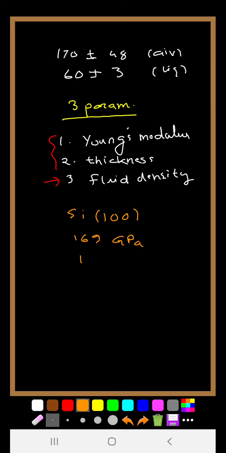If we go 45 degrees to the flat, it changes to 130 GPa.